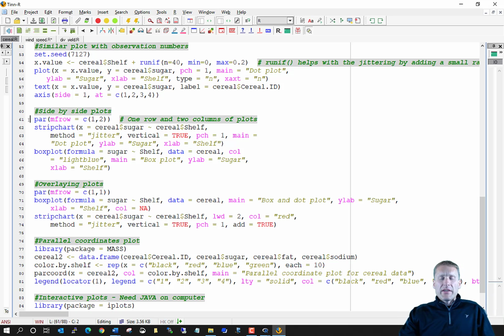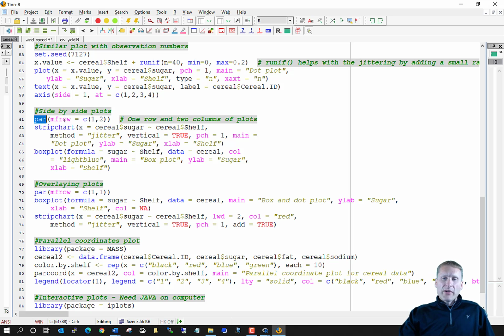And to split my graphics window into two different components for the two different plots, I can use my function called par. We briefly talked about that before. Par stands for graphics parameters.